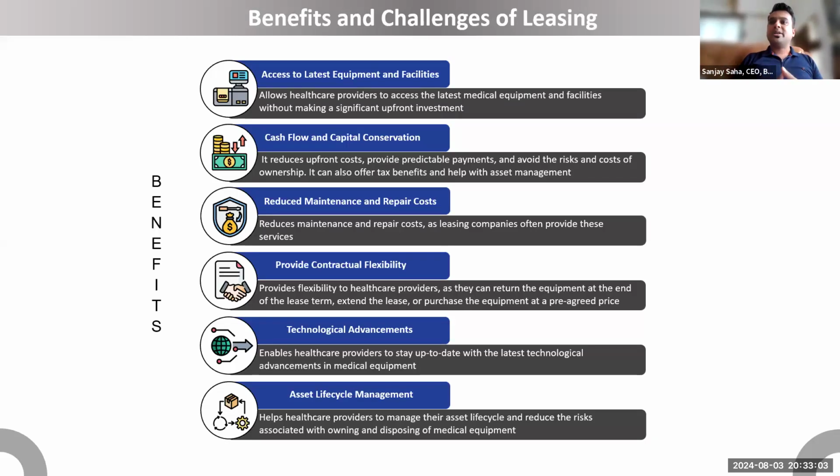It will still be there, but as part of leasing agreement might be less than if you own the product. Provide contractual flexibility. You might be able to break the contract, return the equipment, and get in contact with someone else if the service that you get is poor. Technological advancements. That's how you get the latest technological products that are available in the market.